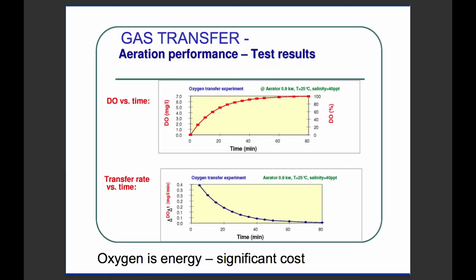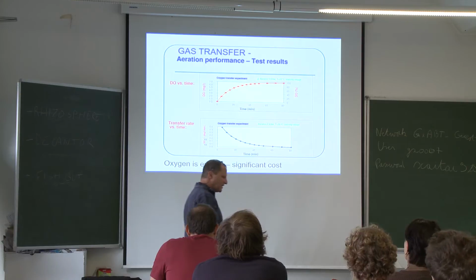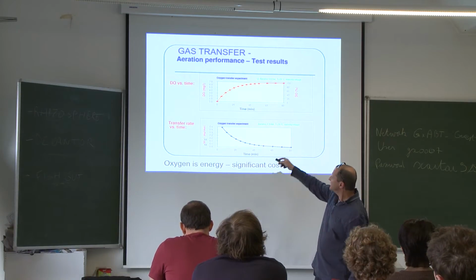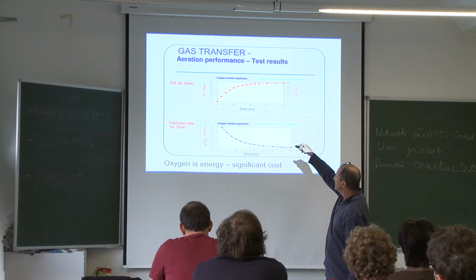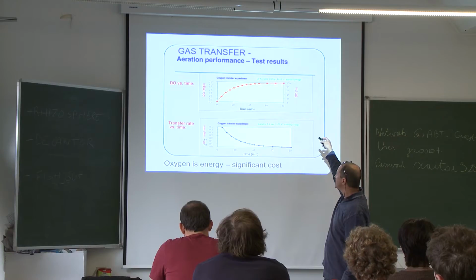If we wanted to lift the oxygen from 1 to 2, it'd be easier, so to speak, than if we wanted to increase the oxygen from 5 to 6, because of the difference in partial pressure. And this is something you can see in these figures. It is first quicker, and then it turns and it levels off.